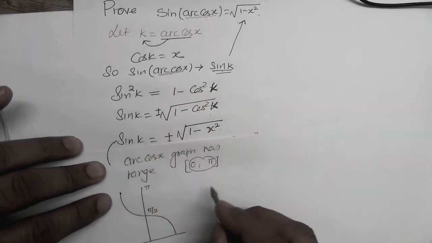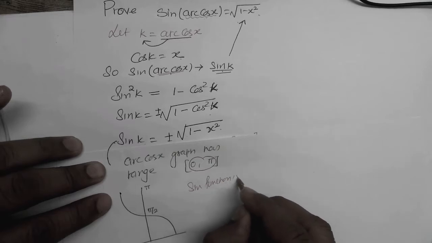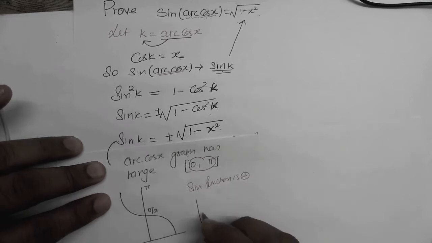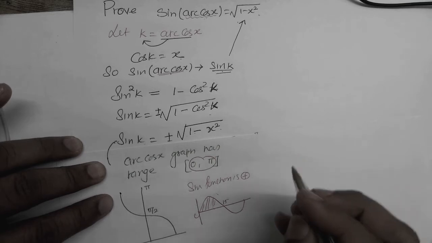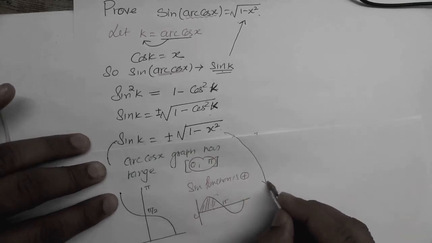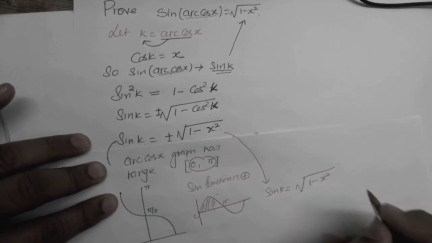In this domain, sine function is positive, because if you look at the sine graph between 0 and pi, sine's positive, sine's above, right? For that reason, we'll be writing that sine k is equal to only the positive value of this square root.